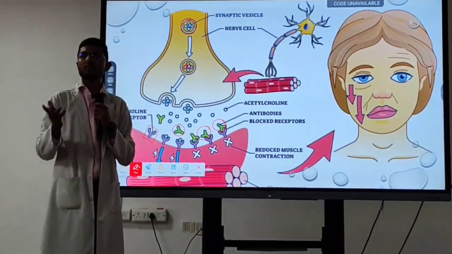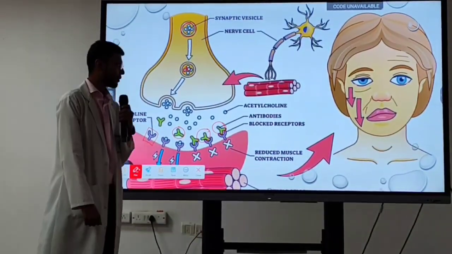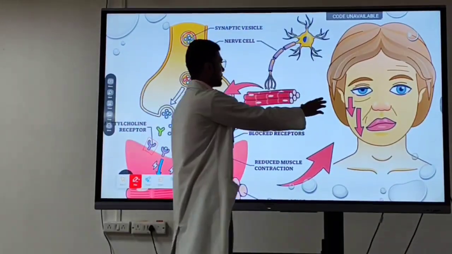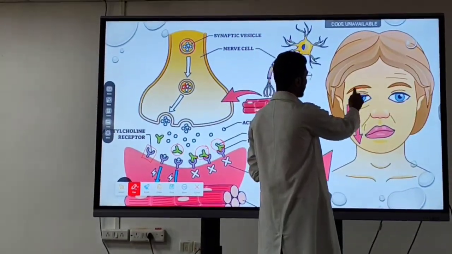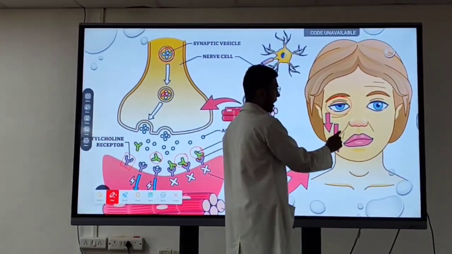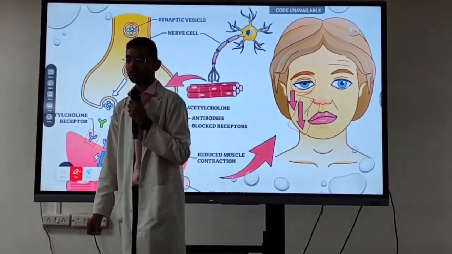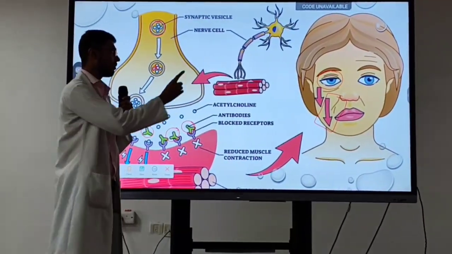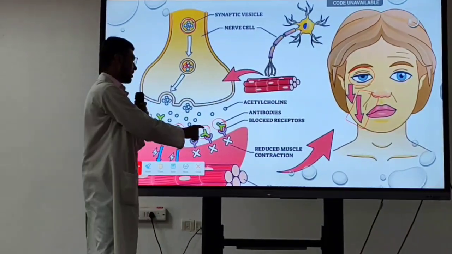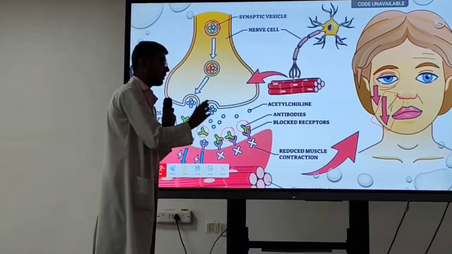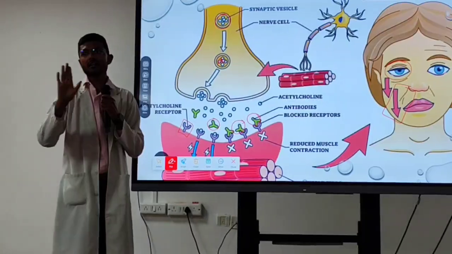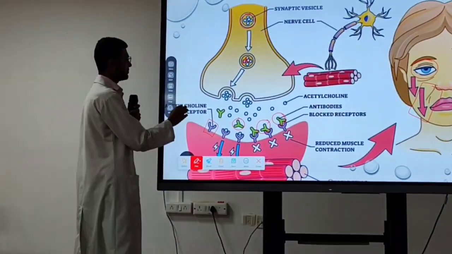Muscle contraction won't happen, muscle weakness will be there in the patient. So we discussed just now that there will be ptosis, drooping of eyelid and facial muscle weakness. So these are the initial most symptoms of myasthenia gravis and now you know why they are happening, because the antibodies are blocking the NM receptors due to which acetylcholine is not getting bound.